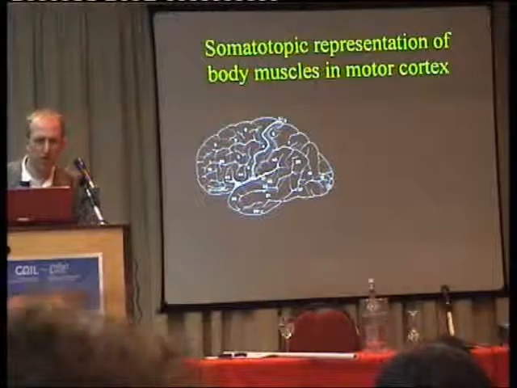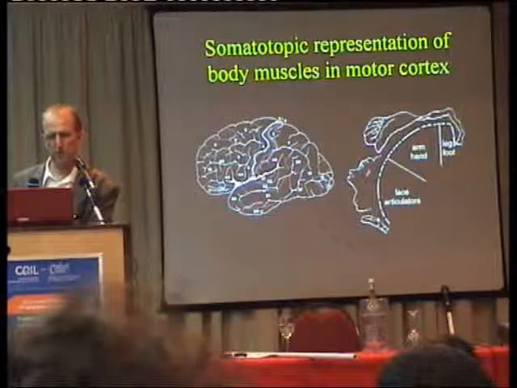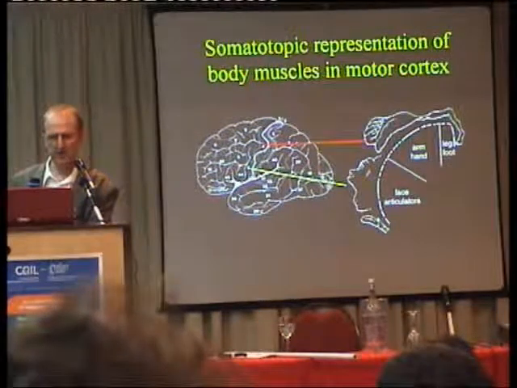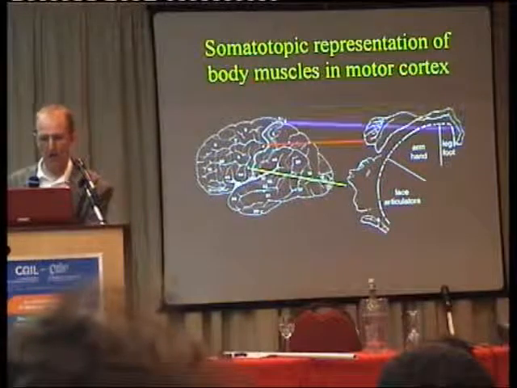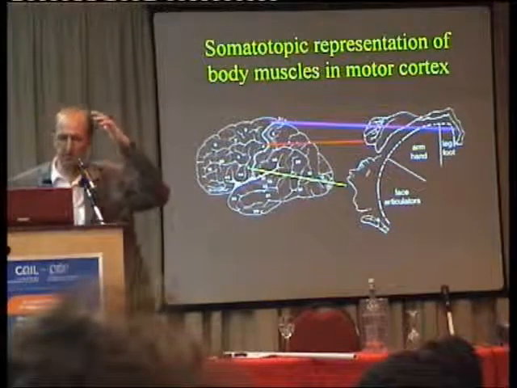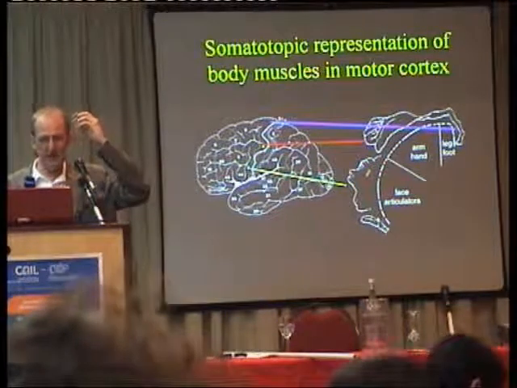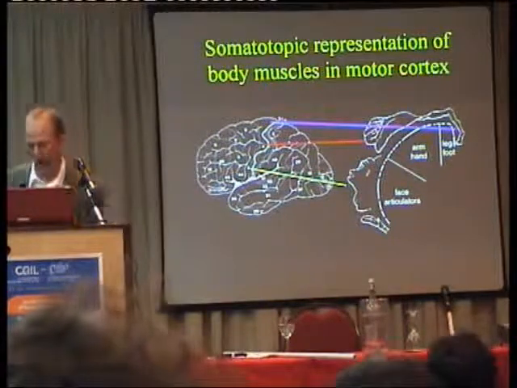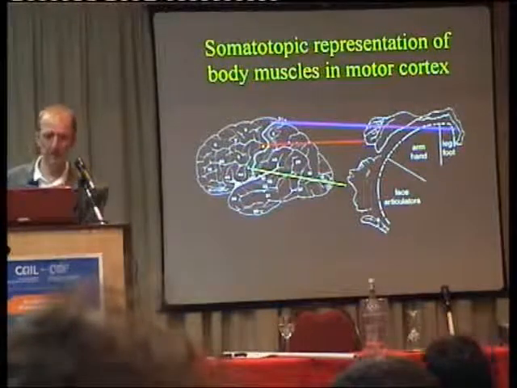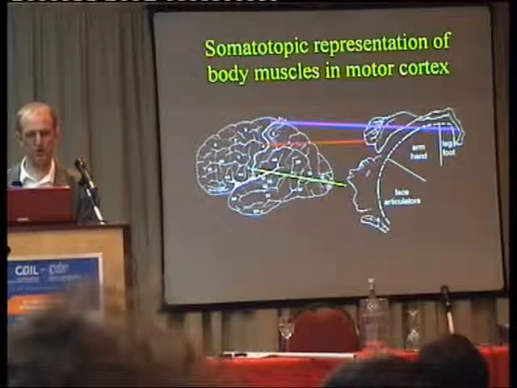Now we know about the motor system, of course, that it's somatotopically organized, and that the leg is at the top, the arm is localized laterally, and the mouth and face are in inferior motor cortex and premotor cortex also.